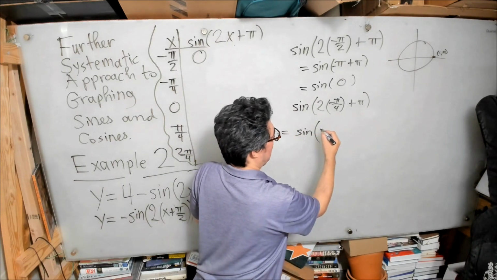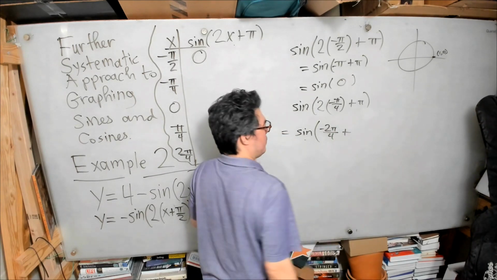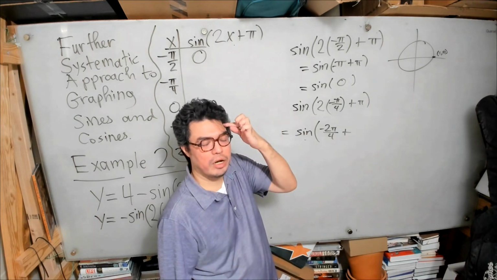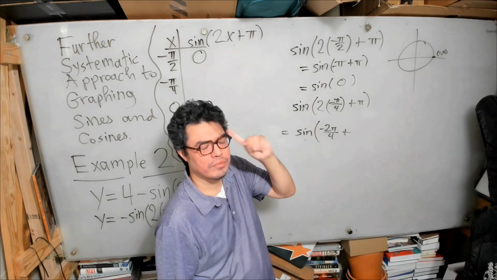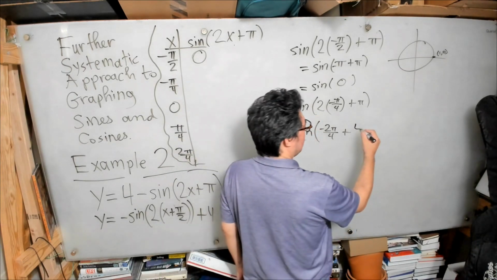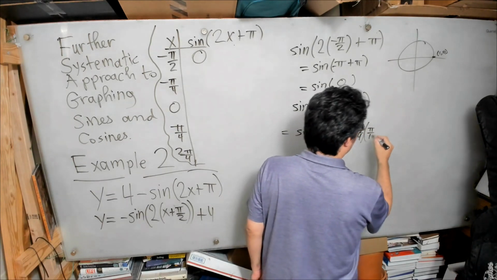of negative 2 pi over 4 plus, now, let me ask you guys a question. Is there any way I can write 1 as a fraction with 4 in the bottom? 4 over 4, right? So this can be seen as 4 over 4 times pi over 1.